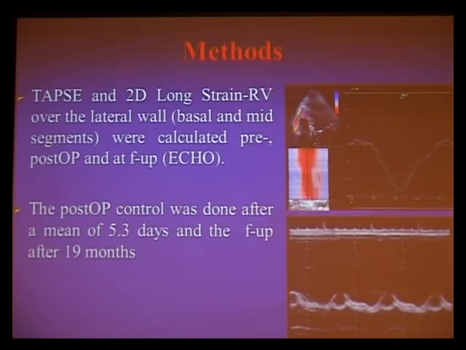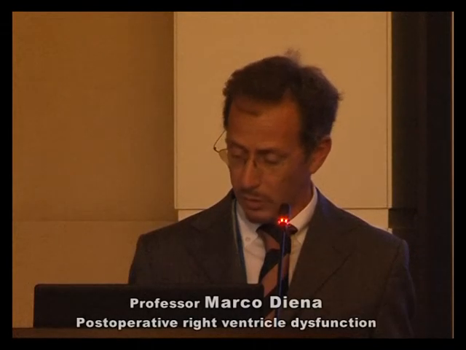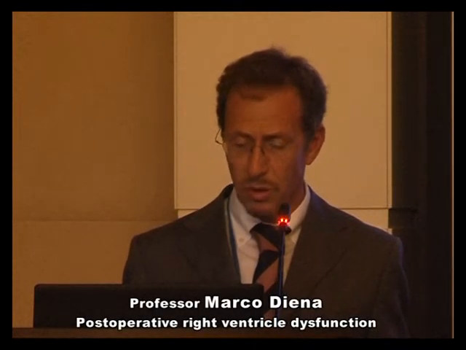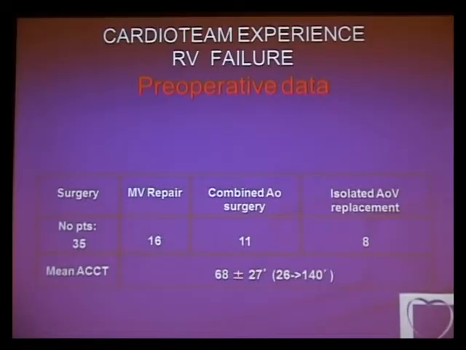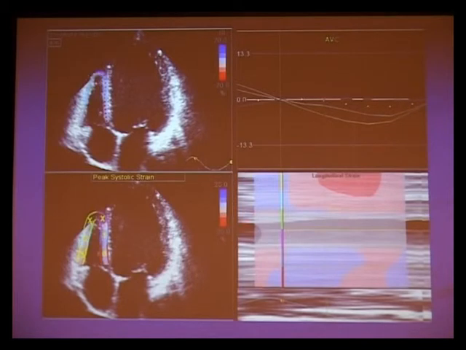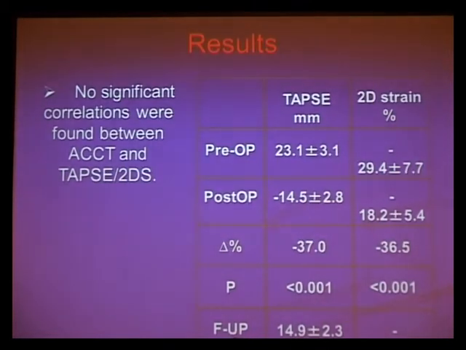This was a small group of patients with normal right ventricular function pre-operatively, and they were controlled pre-op, post-op, and in the follow-up, with the 2 measurements of right ventricular function, through TAPSE and through 2D strain, as shown by Dr. Cherin. And here are the results, and then I conclude.